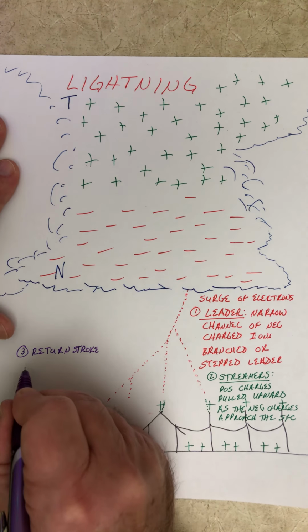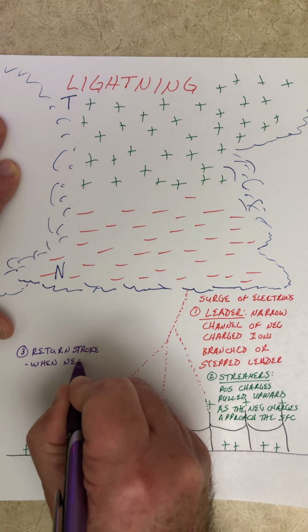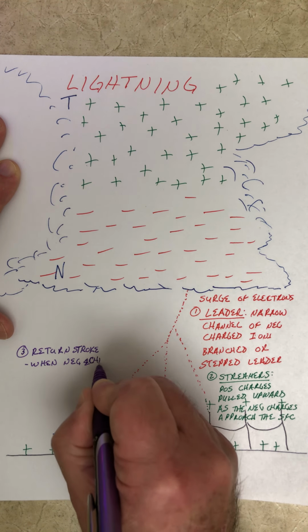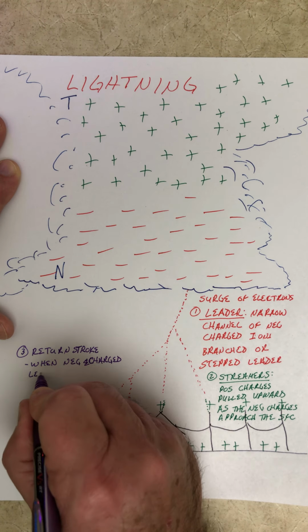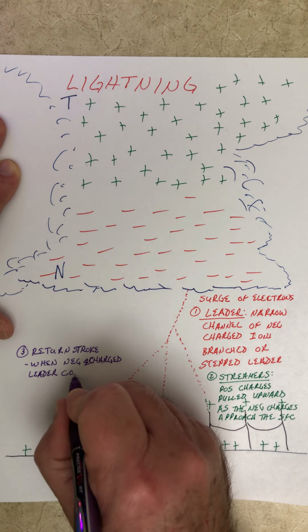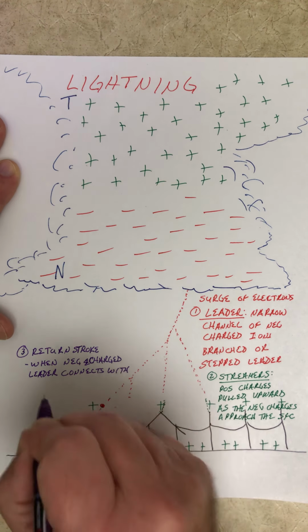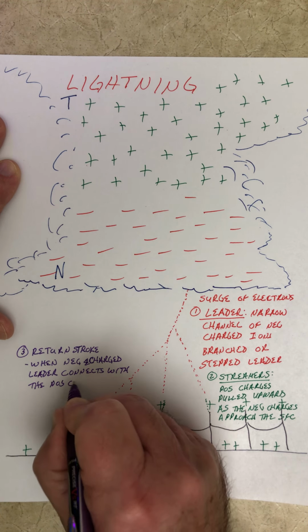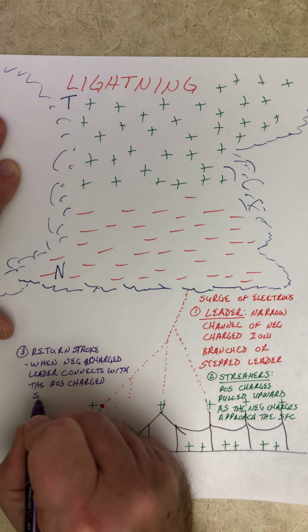And the return stroke occurs when the negatively charged leader, or stepped leader, connects with the positively charged streamer.